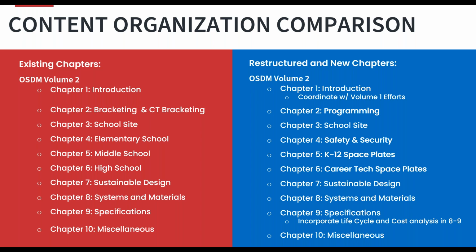Dean? So the way it shakes out is we started with 10 chapters in OSDM, and coincidentally, not necessarily intentionally, we ended with 10 chapters. What happened along the path is chapters, for instance, 4, 5, and 6 were all for space plates, or instructions for what needs to be included in individual types of rooms, classrooms and cafeterias and so forth.